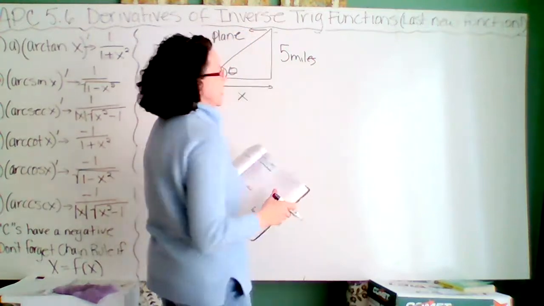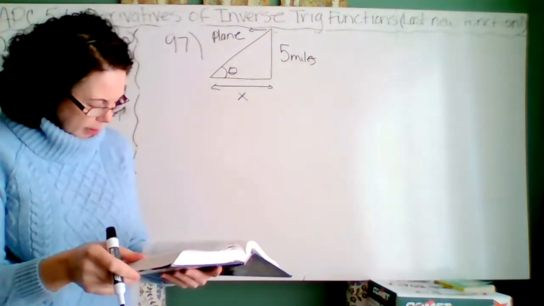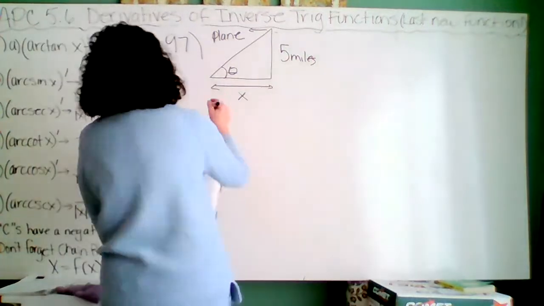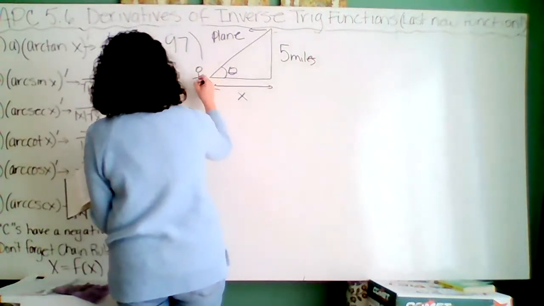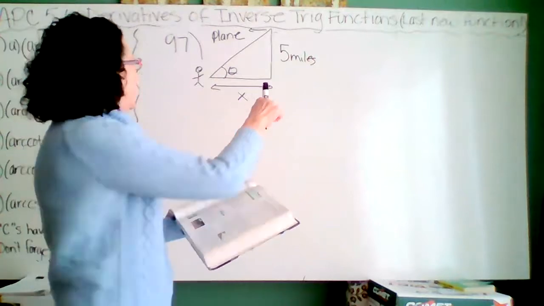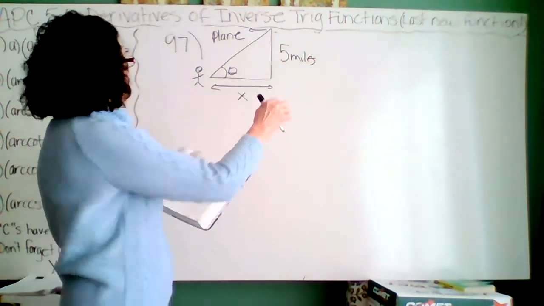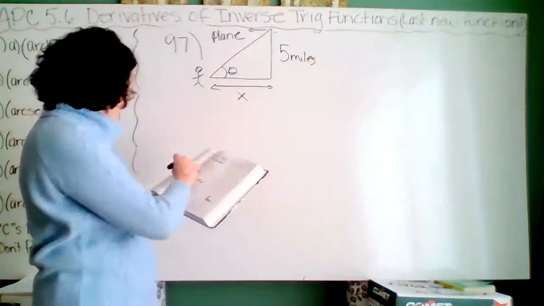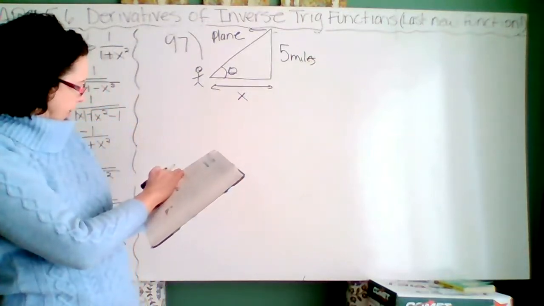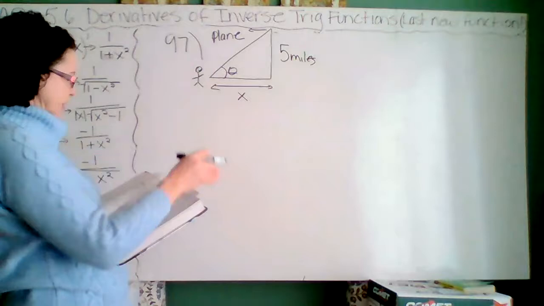I'm not good at drawing planes, so there's the plane. It says, an airplane flies at an altitude of, I just realized there's a guy here, at an altitude of 5 miles, 5 miles up, toward a point directly over an observer. Consider theta and x as shown in the figure on the next page, and here it is.